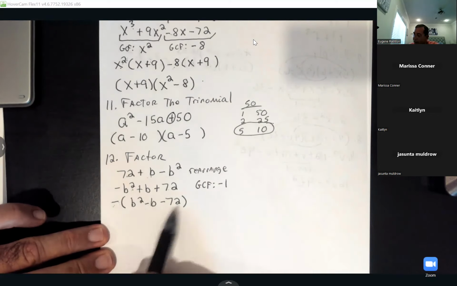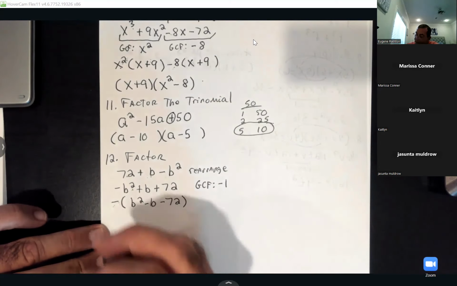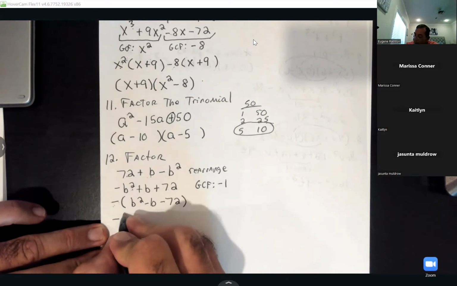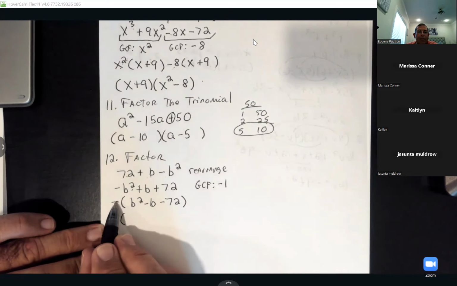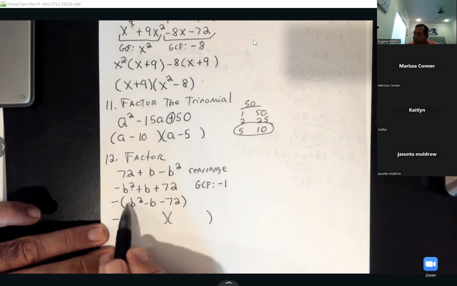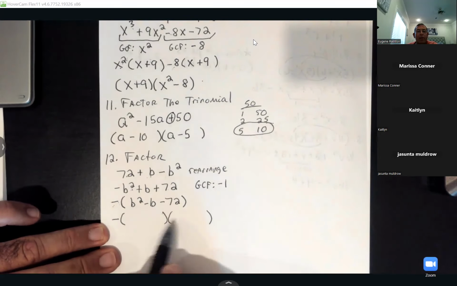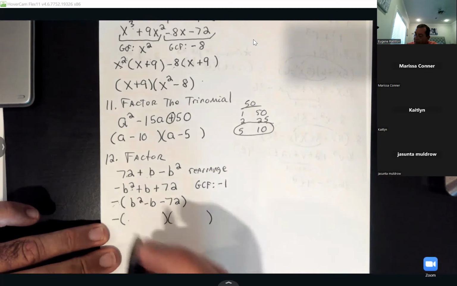Now we got to figure out how to factor this part. So we're going to bring this negative down. Remember, that negative has to be in the final answer. There's no other GCF, so I'm going to go straight to my parentheses. The b squared is a b and a b.